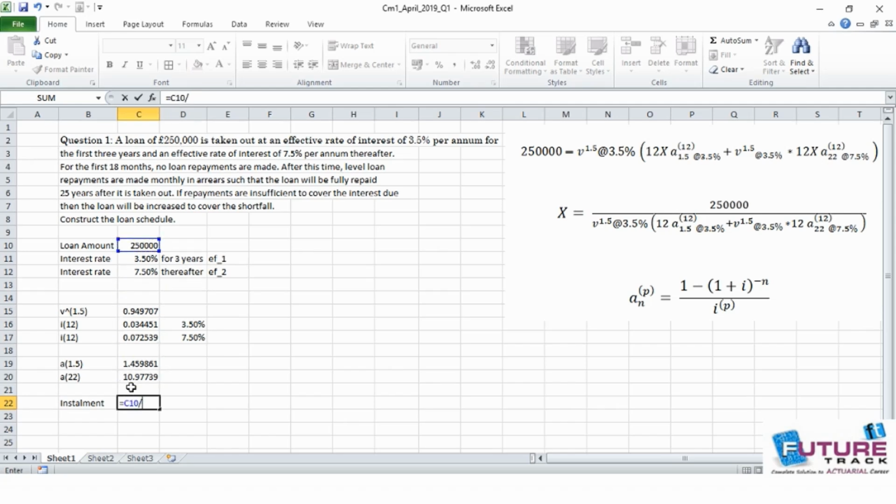This is my loan amount, bracket, v raised to power 1.5, bracket, 12.